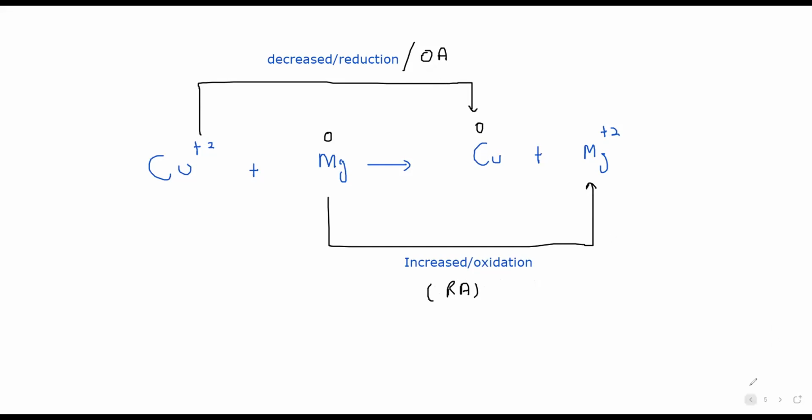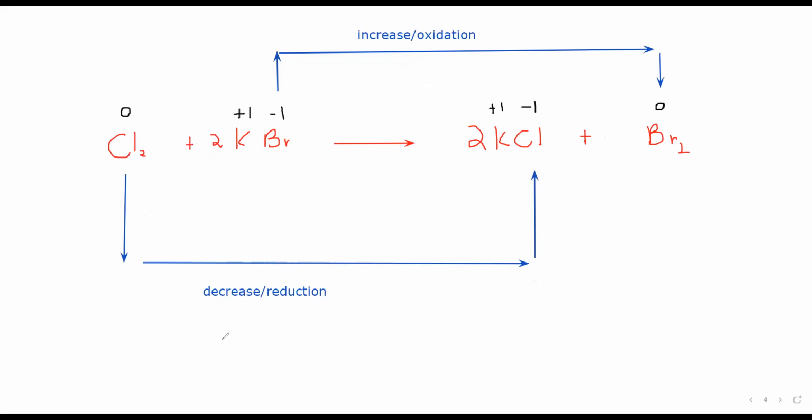Same way, for chlorine, reduction happens. Which agent is this? So it is oxidizing agent. And for bromine, oxidation happens. Which agent is this? It is reducing agent or RA.